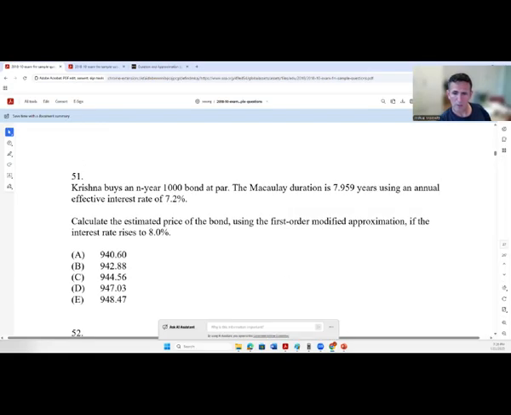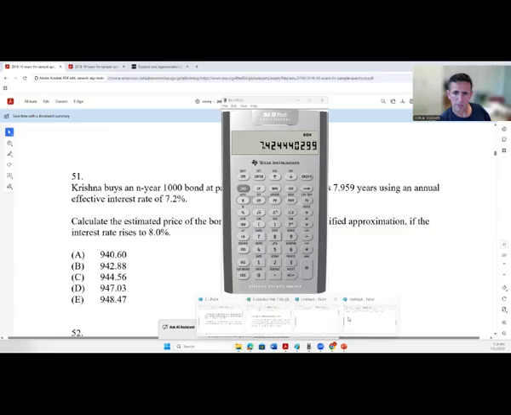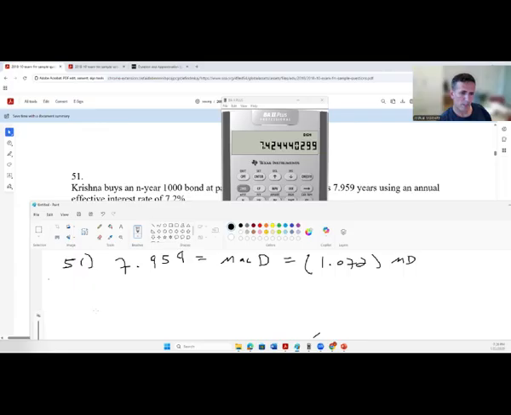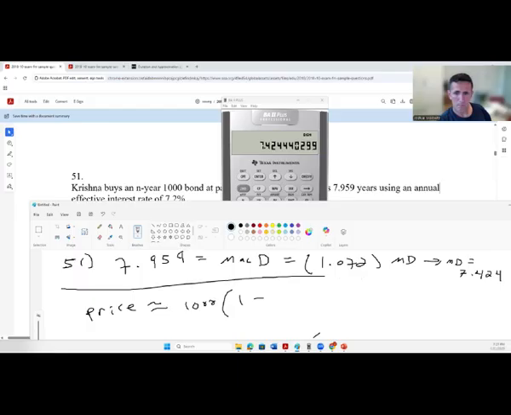Okay, now plug and chug. So the approximate price is the original price 1,000 times 1 minus modified duration, times the interest rate change.